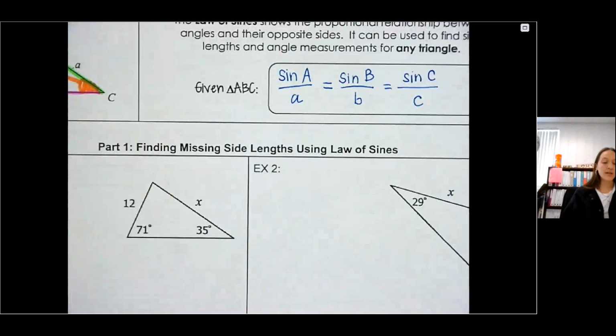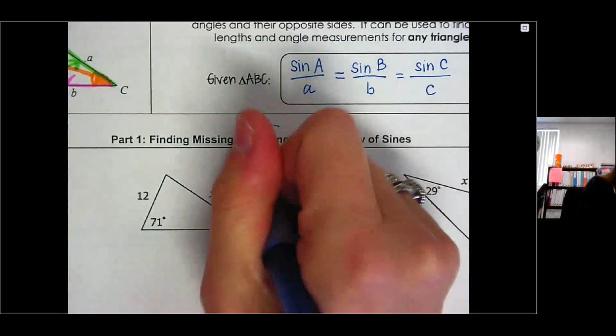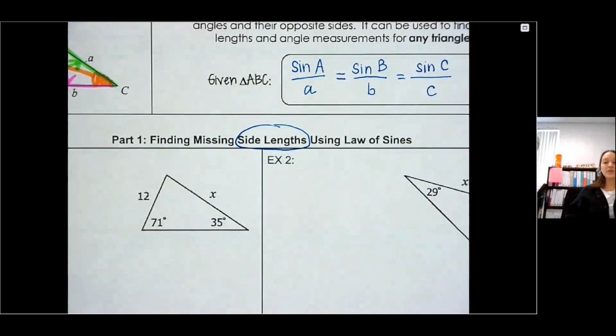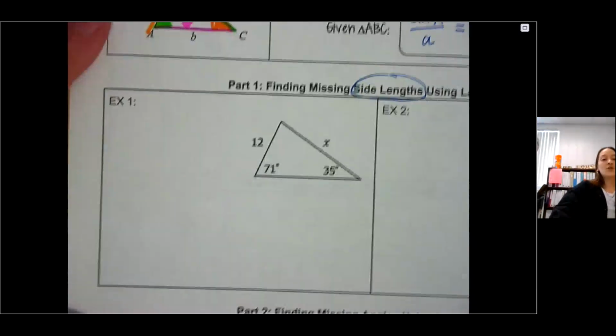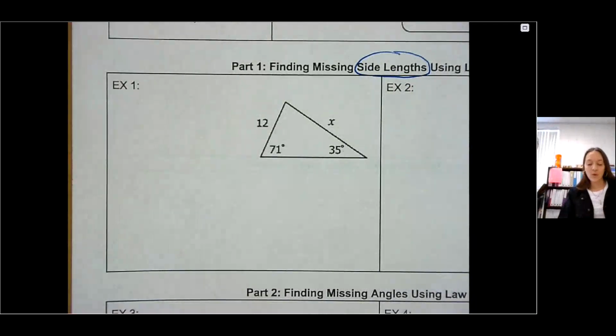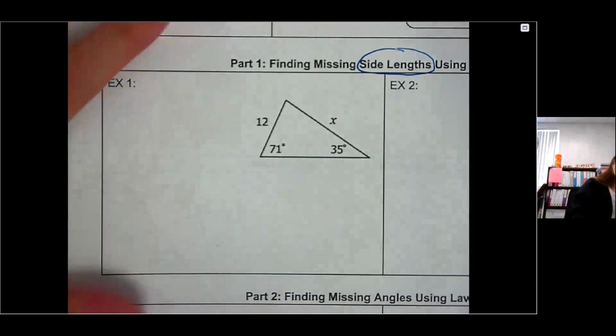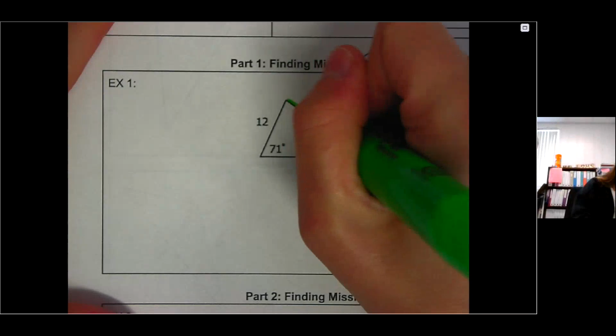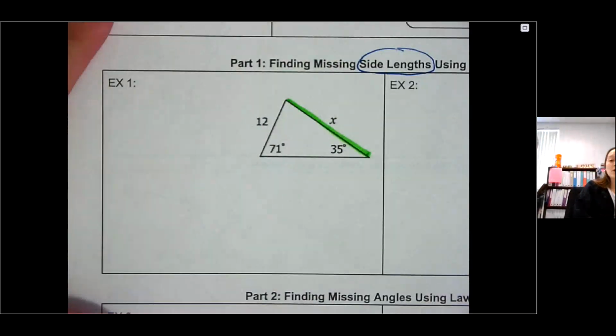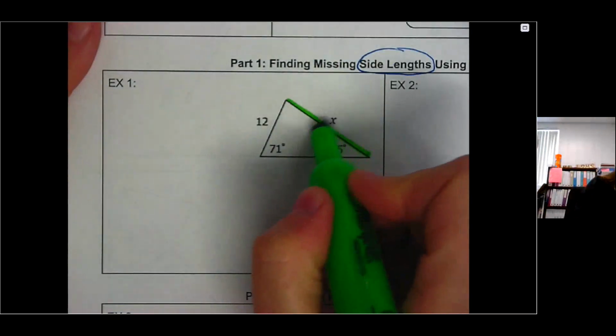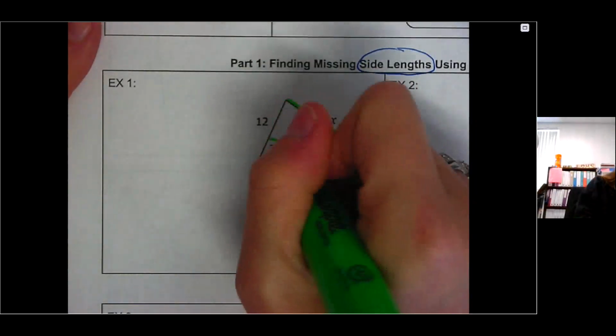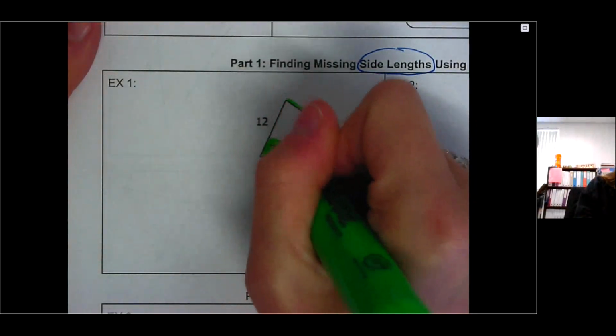So part one is finding missing side lengths using the law of sines. If we take a look at example one, we are looking for this side over here, side x. If I go directly across from side x, the angle that matches up with side x is 71 degrees.